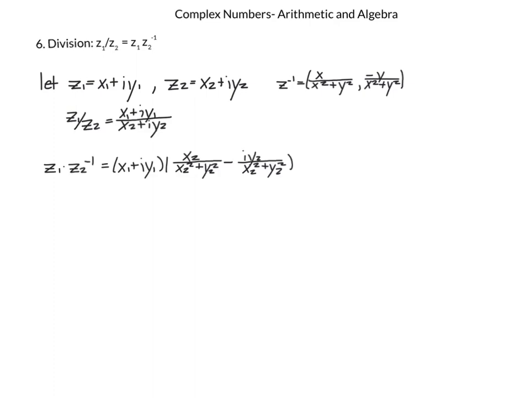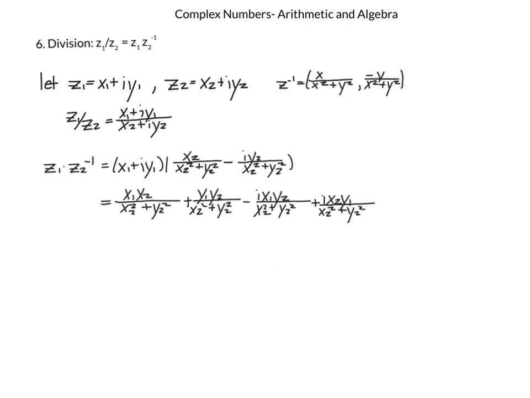Now I can write z1 over z2 is equal to x1 plus i y1, that's my z1, over z2, x2 plus i y2. And then for comparison, I'm going to compare that to z1 times z2 inverse, and I plug in my definition of z2 inverse over here. So it's x2 over x2 squared plus y2 squared minus i y2 over x2 squared plus y2 squared.